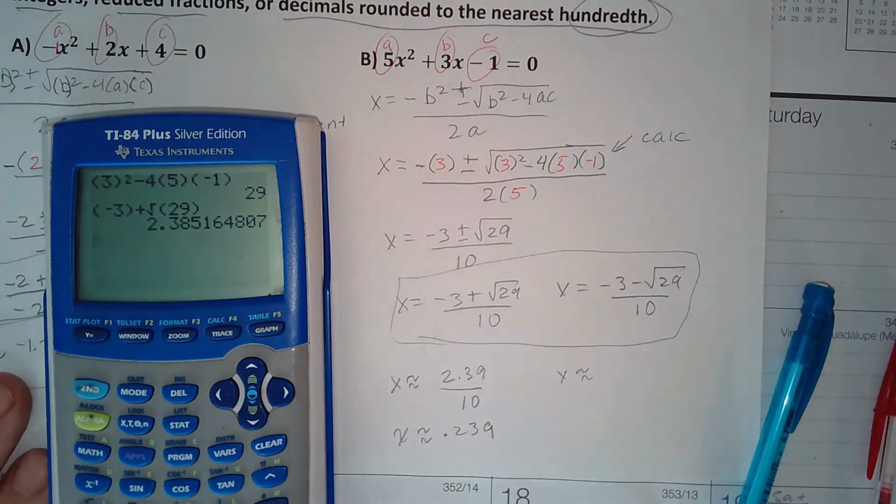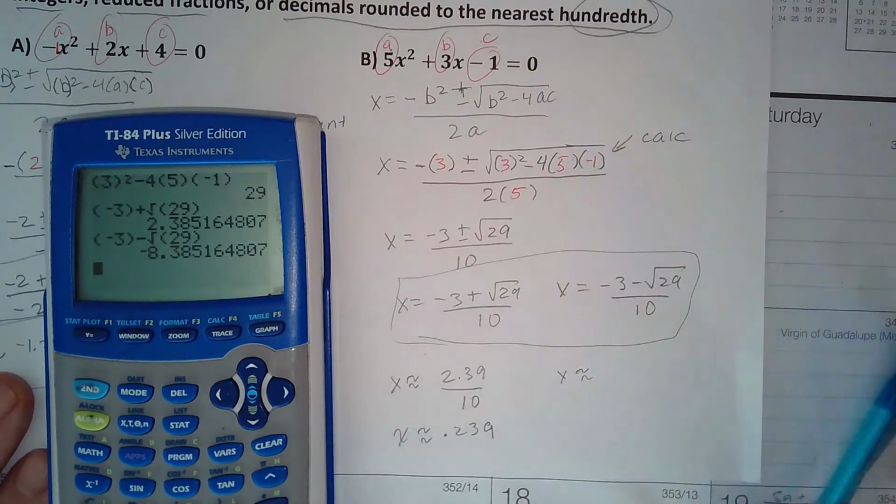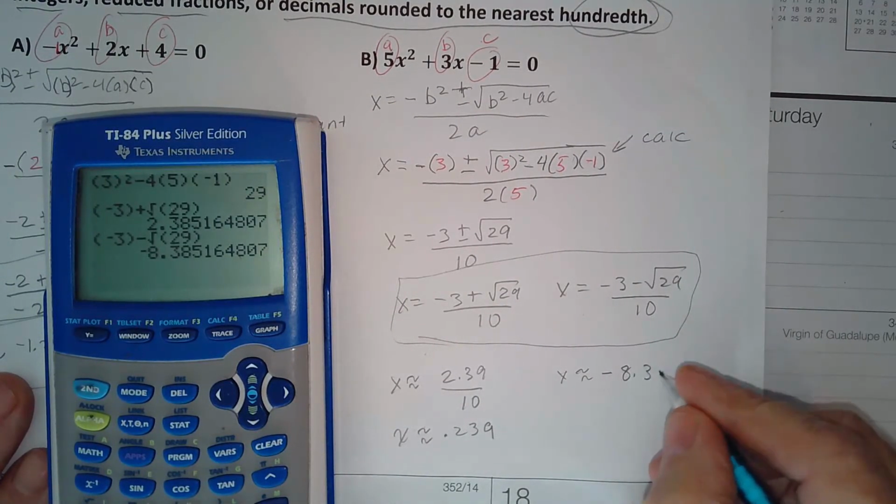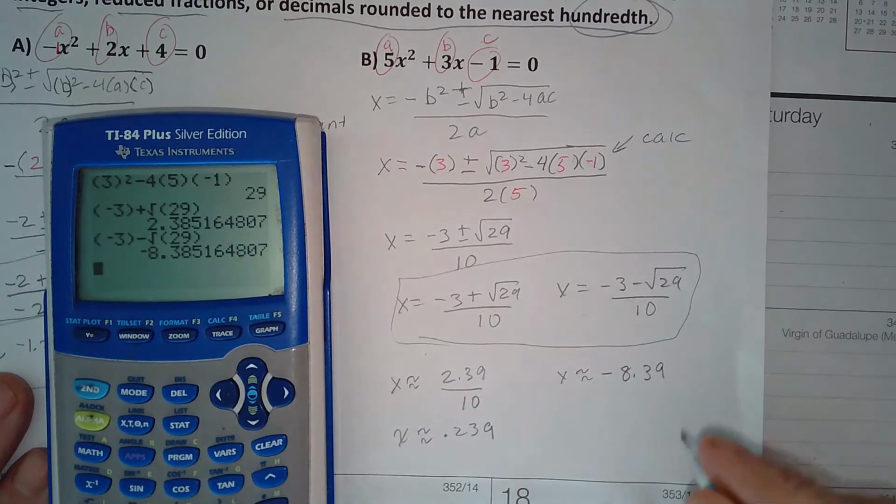And then over here, x is approximately. So let's do parentheses -3, parentheses minus this time the square root of 29. Close the parentheses, hit enter, and we get negative 8.385, which is negative 8.39 when we round it.